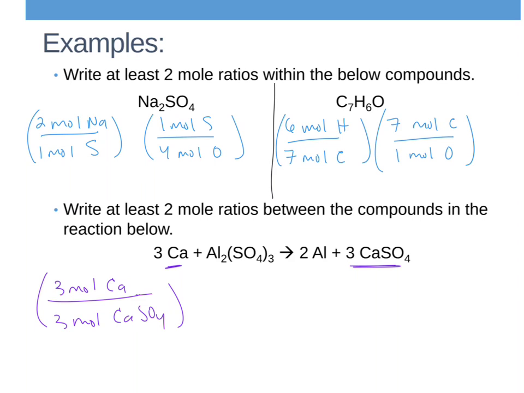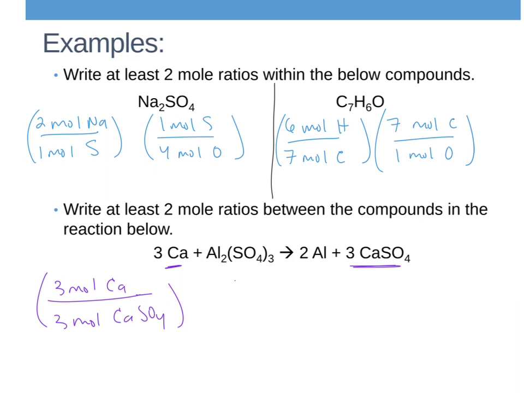Technically, a 3-to-3 ratio is a 1-to-1 ratio, but I like to keep it in there just to doubly emphasize to myself that I'm following the coefficients in the equation. Mathematically, it's all going to equal out to 1 in the end anyways in this case, but I like to keep them in there. So I would like to see you put them in there also.